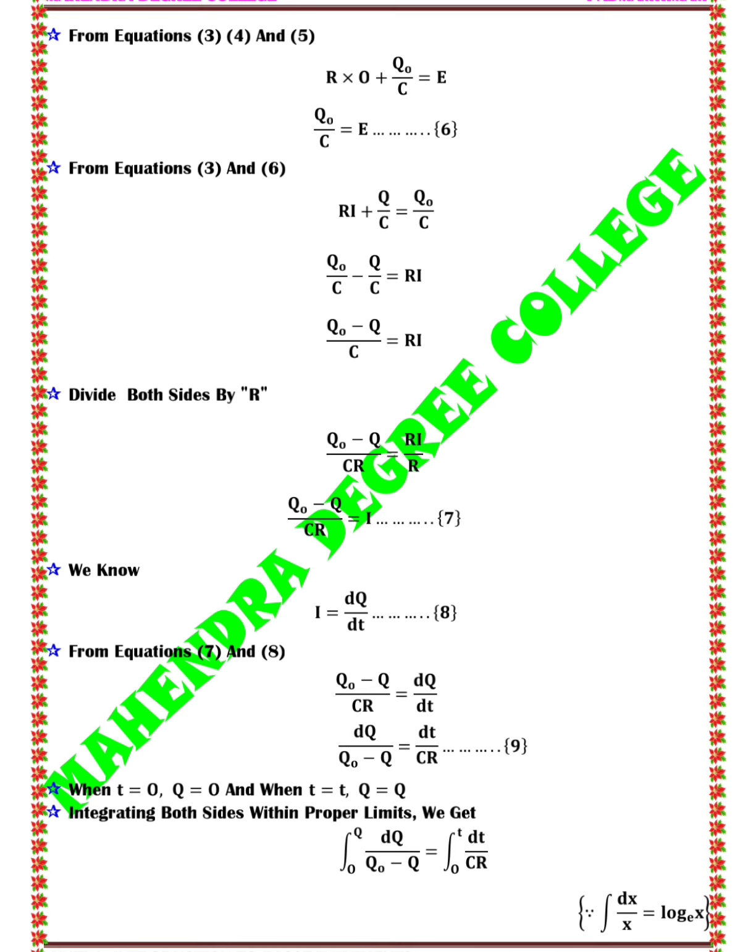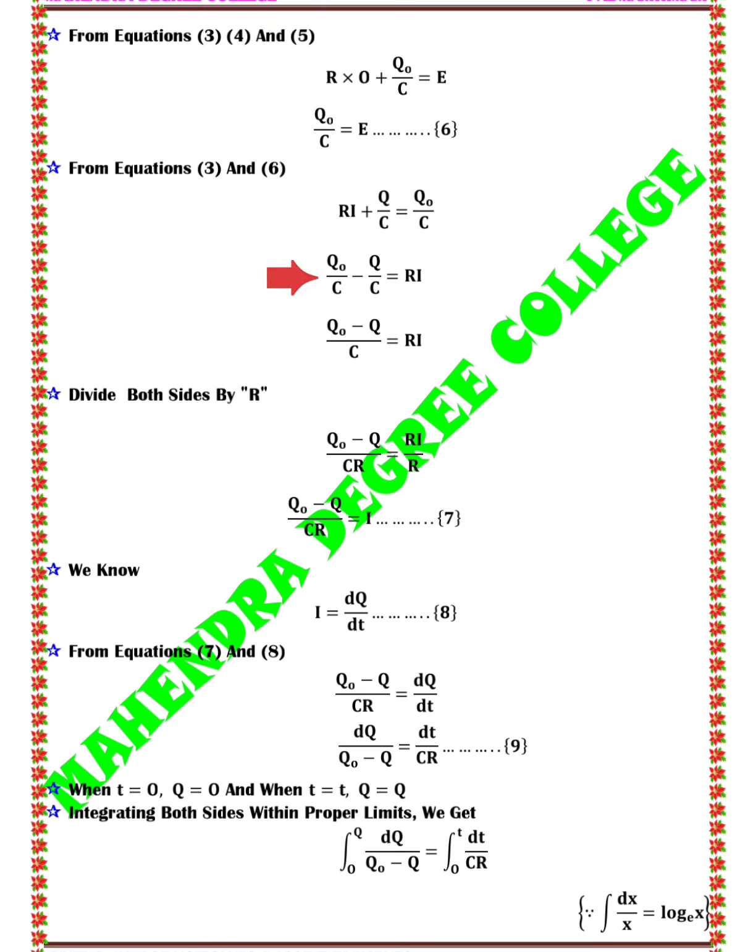We get Ri plus Q by C equals E, that is Q naught by C. Finally, Ri plus Q by C equals Q naught by C, where R is the resistance, I is the current, Q is the charge at time t, Q naught is the maximum charge, and C is the capacitance.